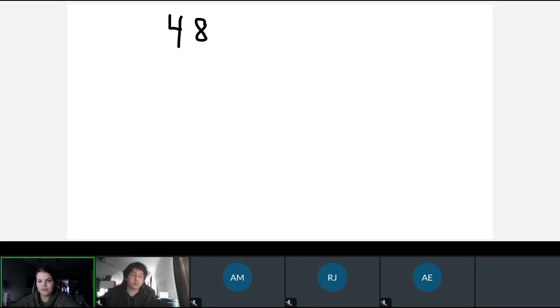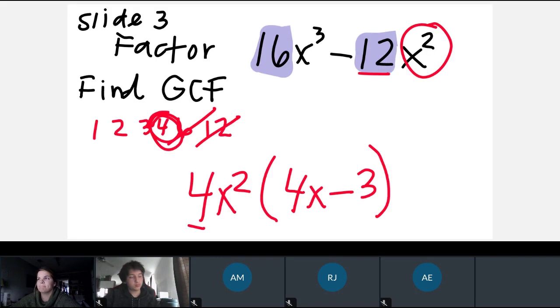Okay, Anna, so go ahead and write those two numbers down on your slide where you're writing your factors. No, you just did 6 and 8, right? You already have 1 times 48 listed there. So you have 12 times 4, 1 times 48, 2 times 24.